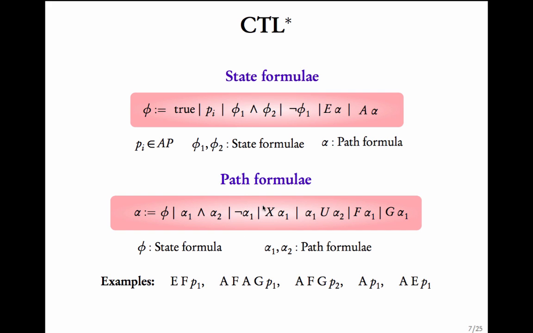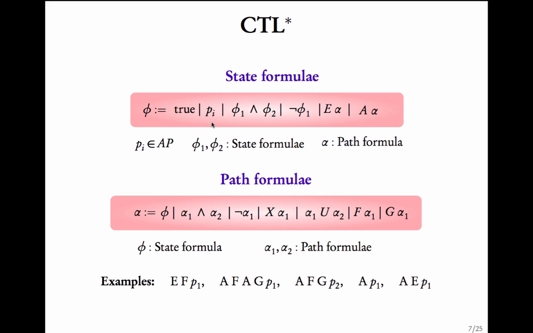These are just rules of deriving formulae. You can also say AP1. Let's see the meaning of this later, but you can say A of alpha, where alpha could be a state formula and the state formula is P1. You can also do this, AEP1, because A of alpha, alpha could be a state formula which could be E of alpha, and again alpha could be a state formula P1.